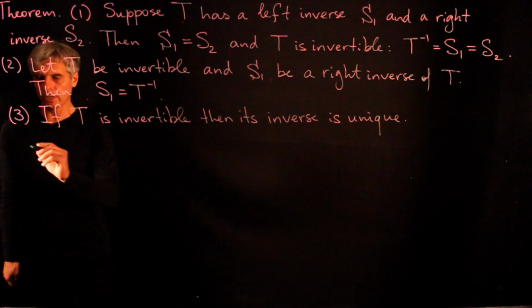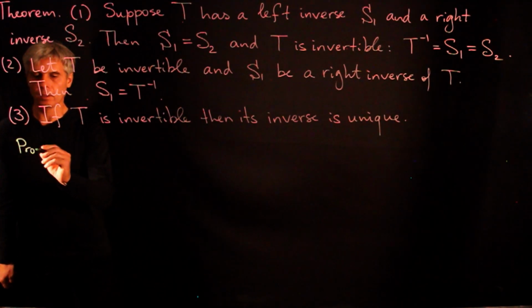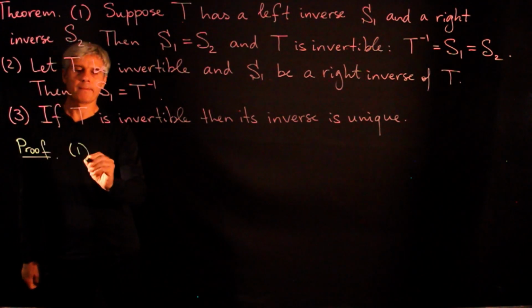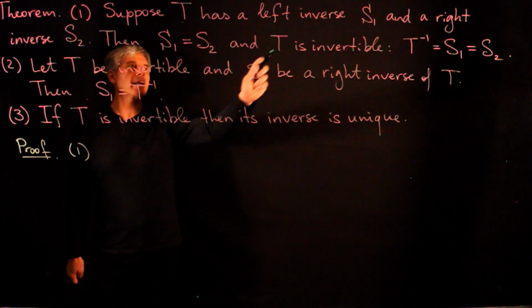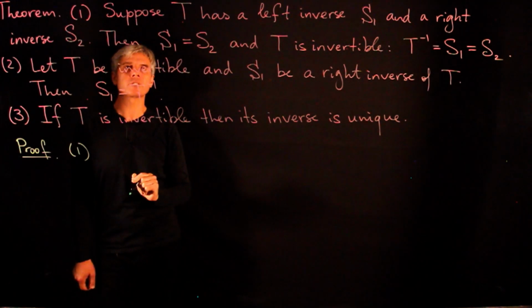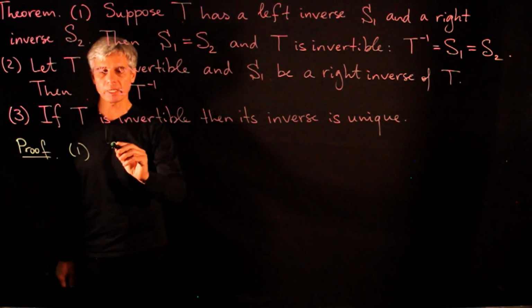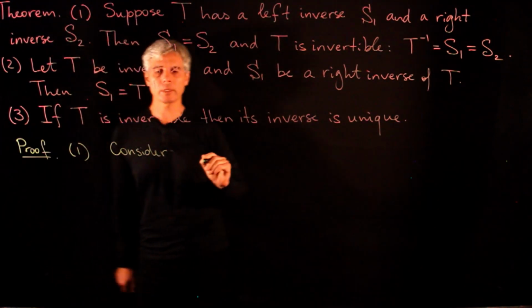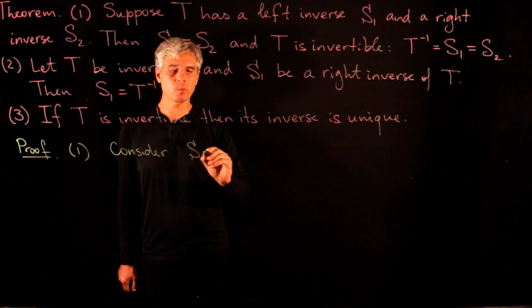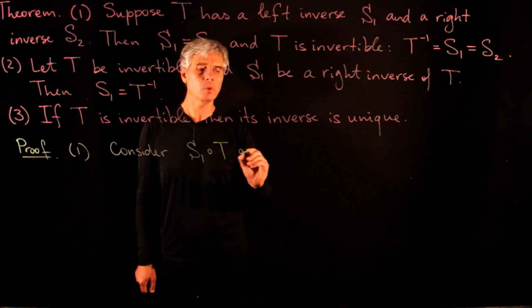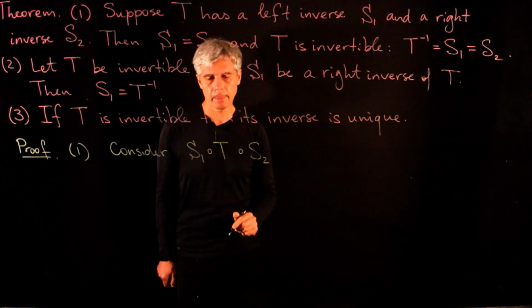Let us give a proof of this theorem. So we start with part 1. Suppose we have a left inverse of T, S1, and a right inverse of T, S2. So consider the following transformation: S1 composed with T composed with S2.